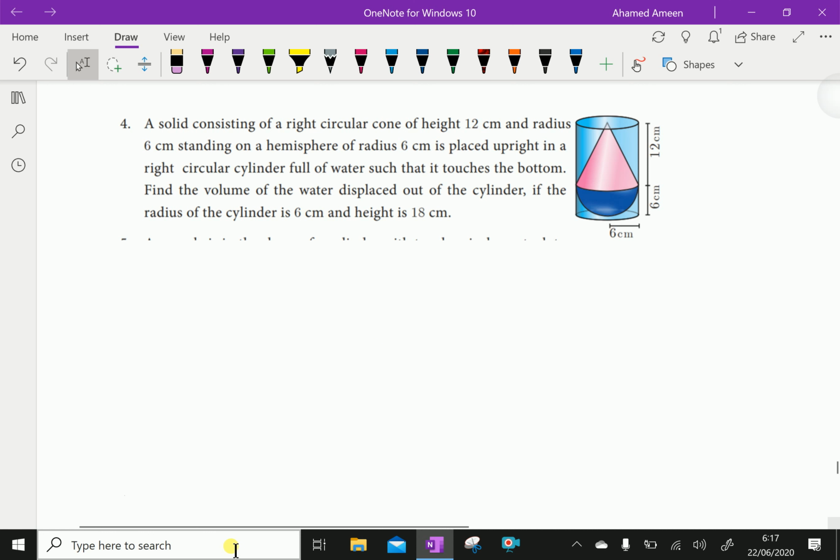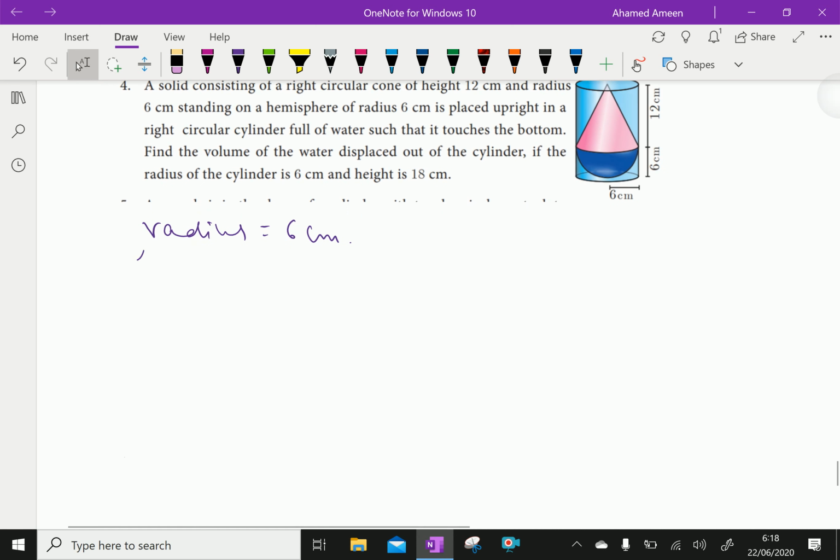Therefore, first we'll write the radius. Radius is common for all, which is 6 centimeter. Height of cone, let it be h1, equal 12 centimeter.